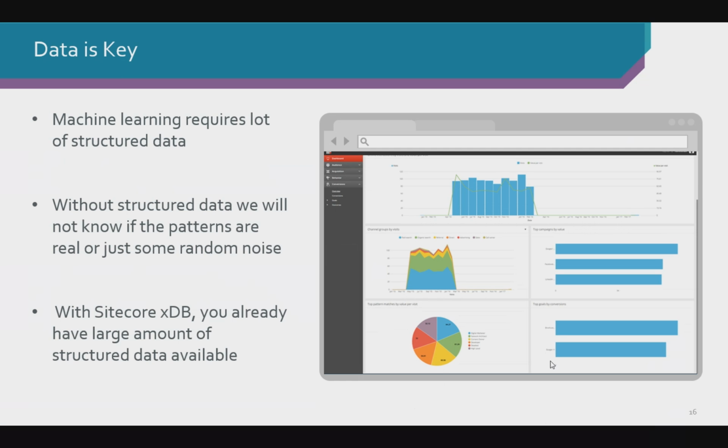However, with Sitecore, you have an advantage because with Sitecore XDB, you already have a large amount of structured data available, which you are already using to build out reports on your marketing dashboard. So you already have that advantage if you've been collecting Sitecore data or personalization data for a while. This is where it is going to come into play, and this is where you can enhance your experiences.